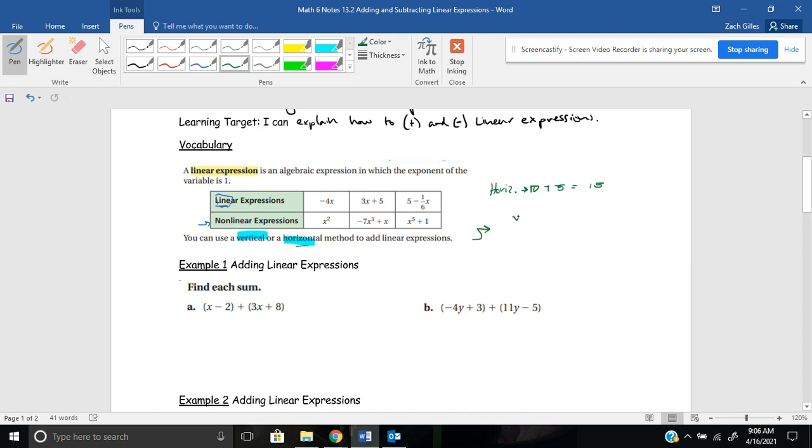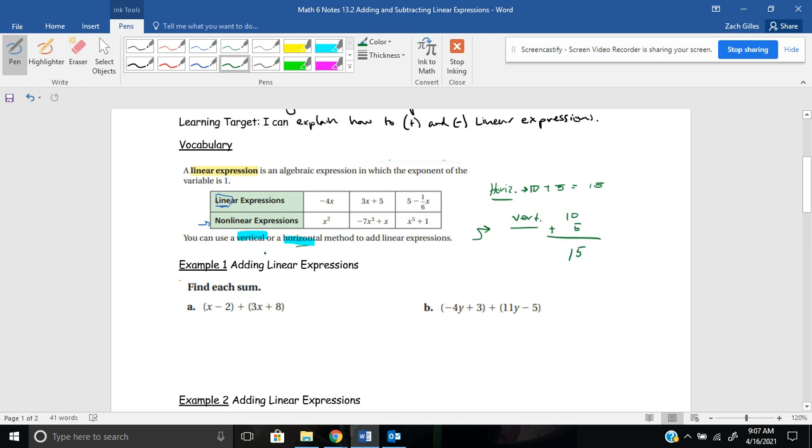You could also use a vertical method. You could say 10 plus 5, and line them up vertically like this, which would give you 15 as well. So we have a horizontal and a vertical method for adding. We have the same idea for subtracting, and the same exact idea for expressions.